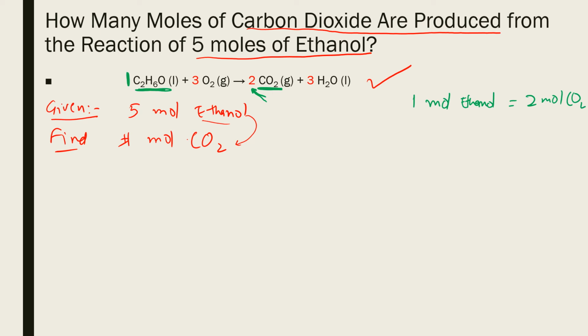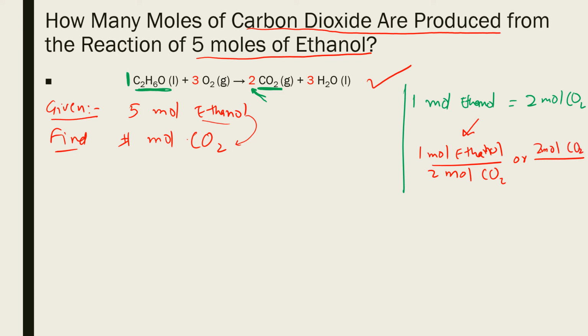Okay, so from the relationship we can write 2 conversion factors. One conversion factor will be 1 mole ethanol over 2 mole CO2, and the other one will be 2 mole CO2 divided by 1 mole ethanol.